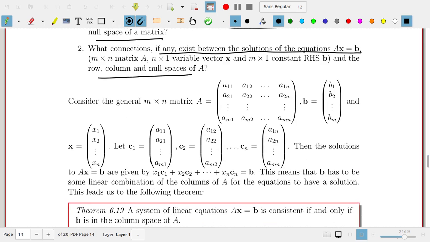So you start by considering the general matrix A, and of course the variable matrix X, and you take the columns of A, C1 to Cn.